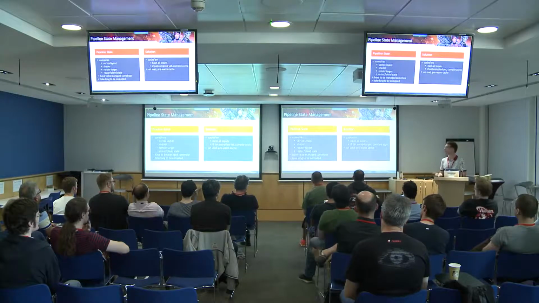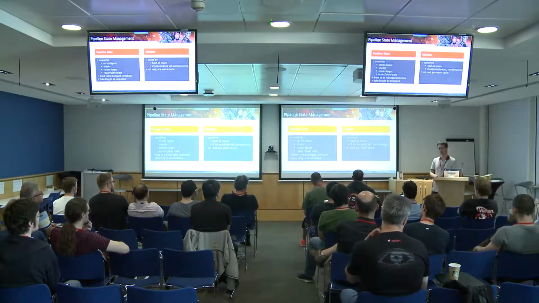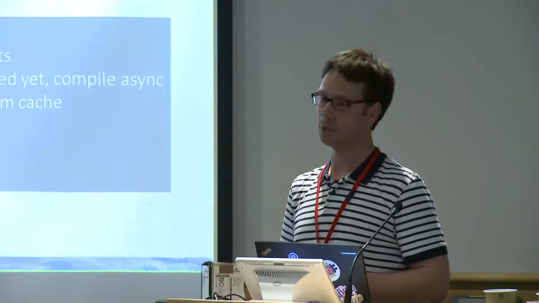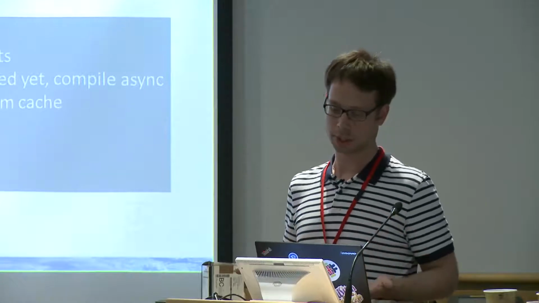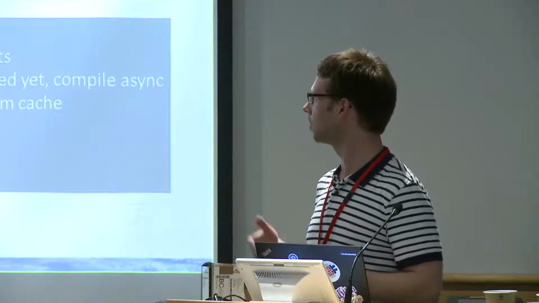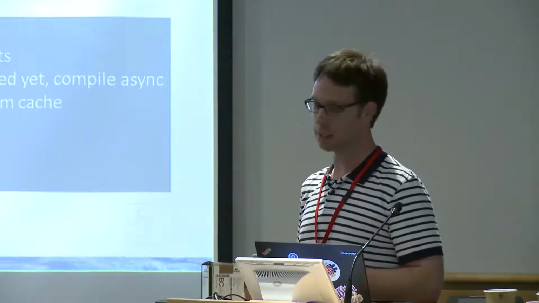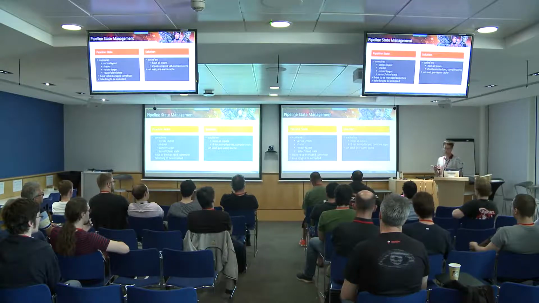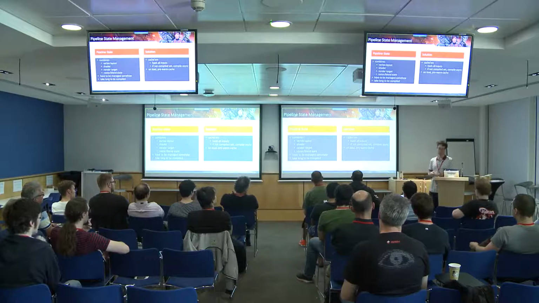If it's not being compiled yet, we are going to compile it asynchronously. That means an object might be missing for a frame, but normally this doesn't happen because we try to pre-warm the cache. So as soon as we've loaded a complete model where we know the shader and the other inputs like the raster and blend state and the vertex layout, so the mesh is loaded, we try to pre-generate all the pipeline states for all render targets that we currently know.